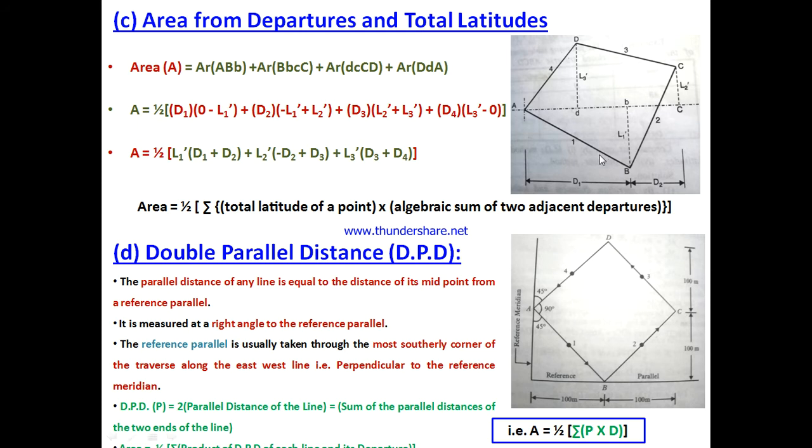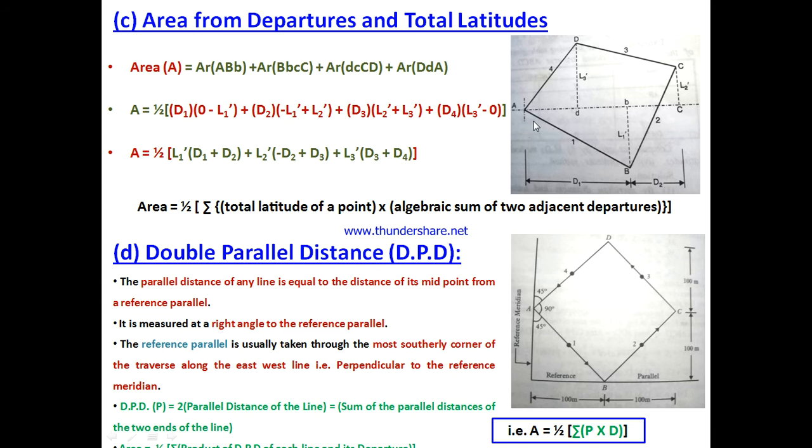For example, if this particular figure is given and we need to determine the area of this traverse, I will first determine the area of triangle ABB plus, if I join this part, the area of BBCC, which is a parallelepiped, then the area of DDCC plus the area of DDA.